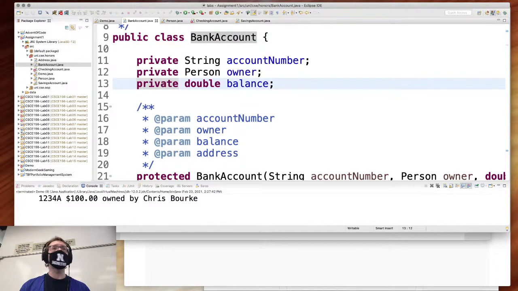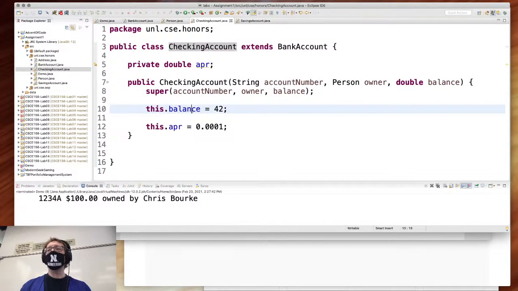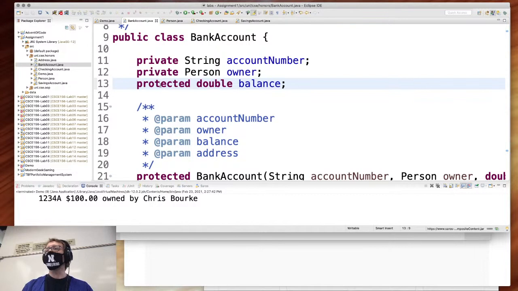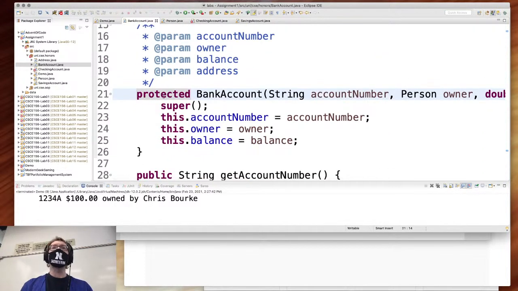The second that I make this into protected, now you can see it over here in the subclass. So protected is an in-between between those things. But the argument here, particularly for balance, would be, it's in the superclass, you have a getter for it in the superclass, there's no reason to make it protected. You don't need it in the subclass if you can use the getter to access it. So I'm going to leave this as private. But that certainly is one way of doing it, public.